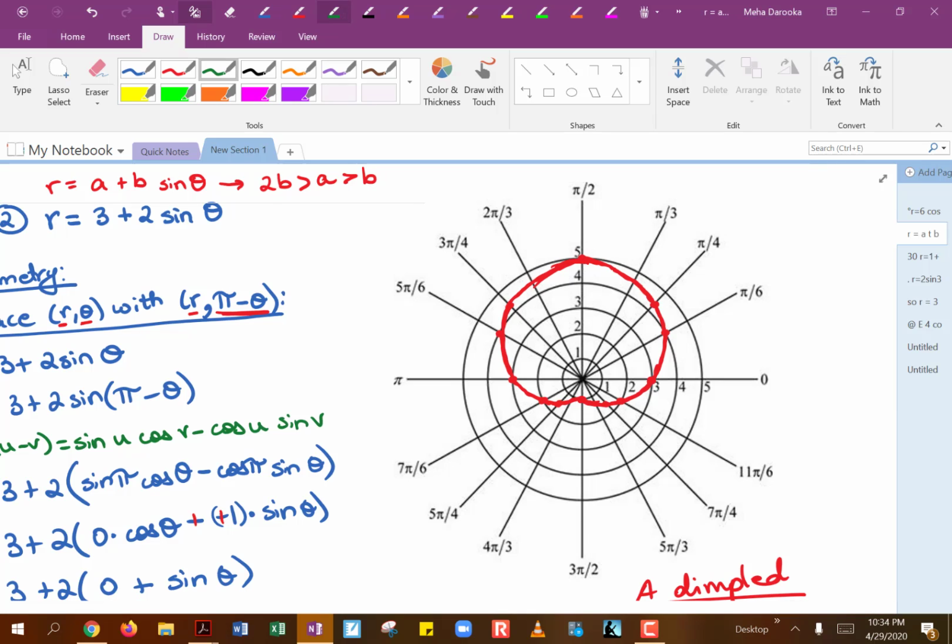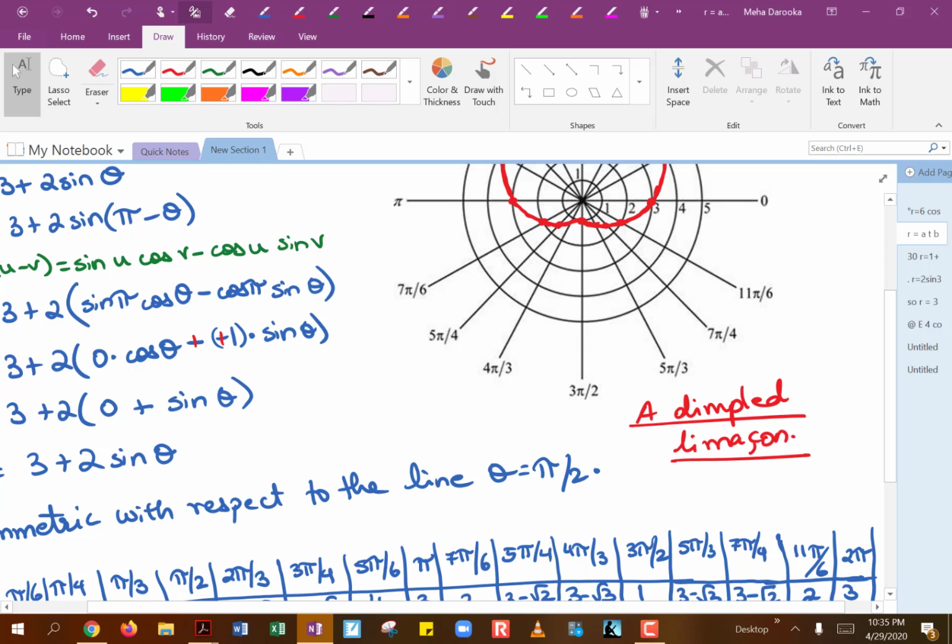So basically for us, the 2b value is 2 times 2, which is 4, greater than a, which is 3, greater than b, which is 2. When this is true, that's when you have a dimpled limaçon.